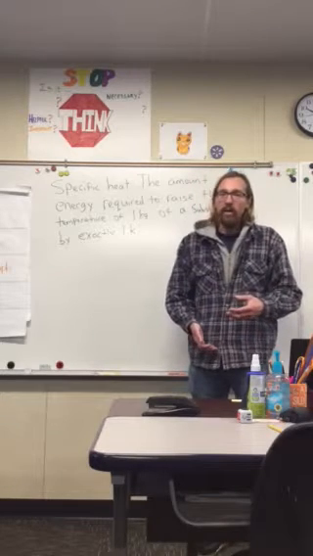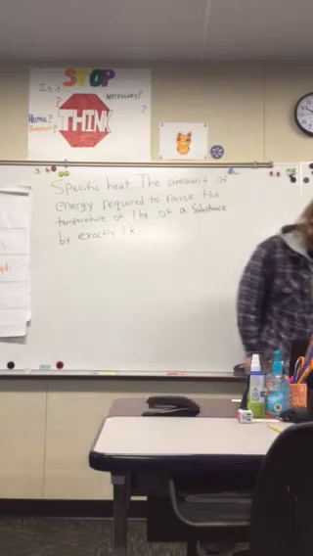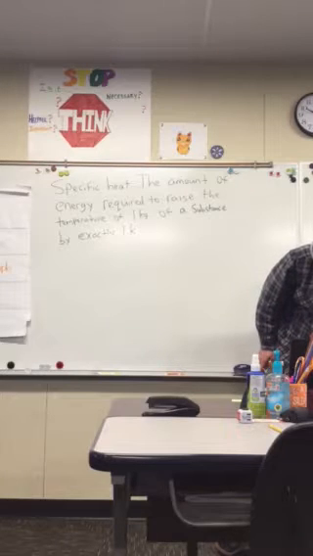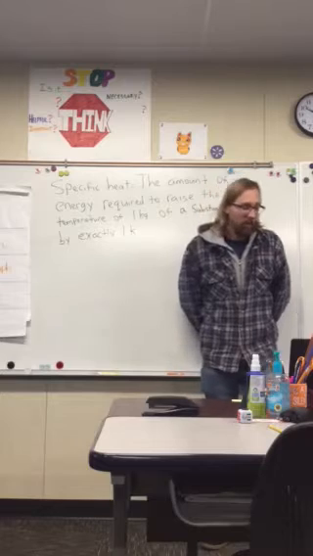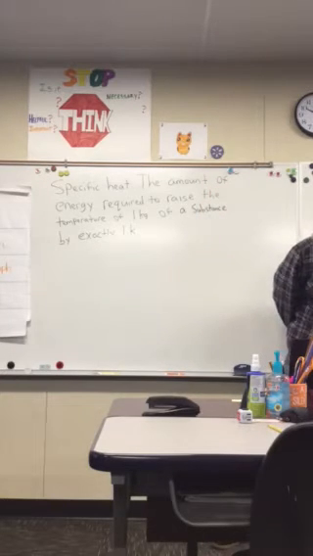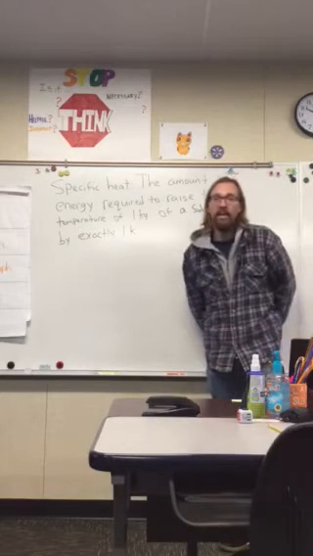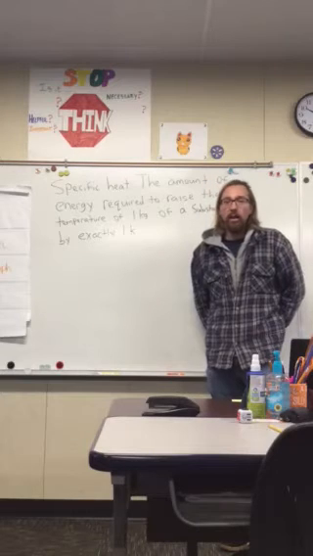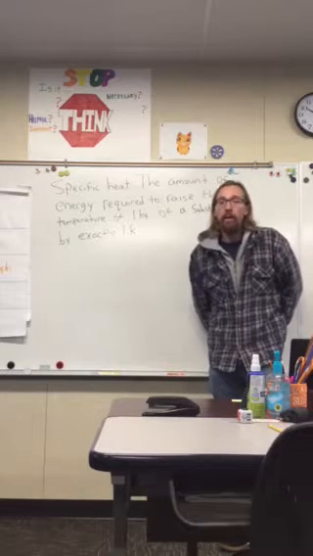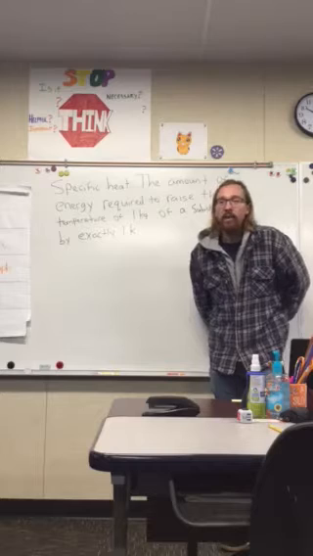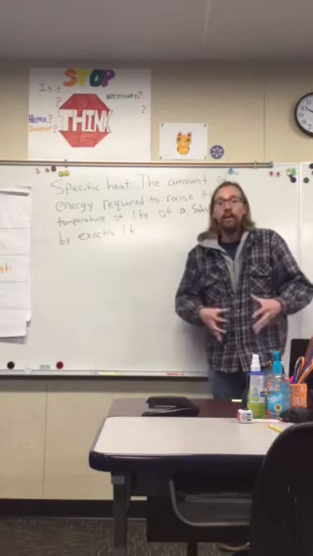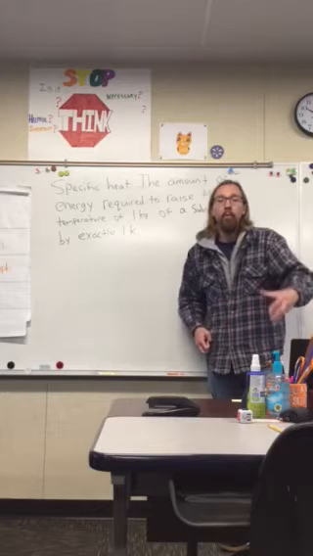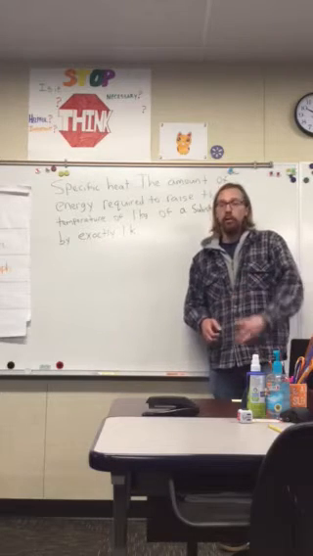Water has a specific heat of 4,186. Yeah, the specific heat of water is 4,186. And the specific heat of aluminum is 897. Since the specific heat number for water is higher than the specific heat number for aluminum, it means that it takes more energy to heat up water than it does to heat up aluminum.